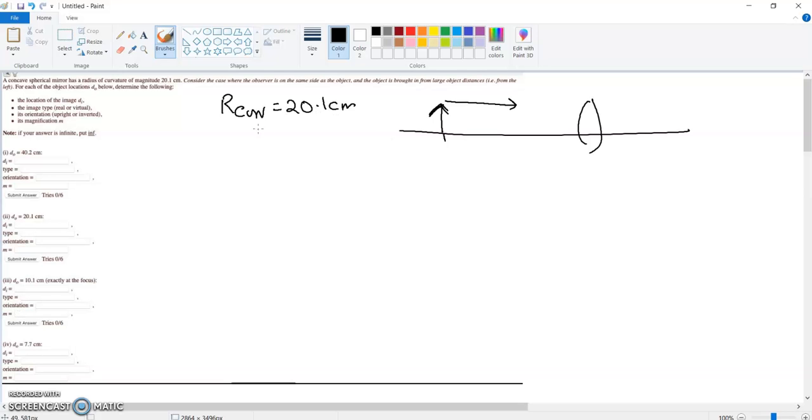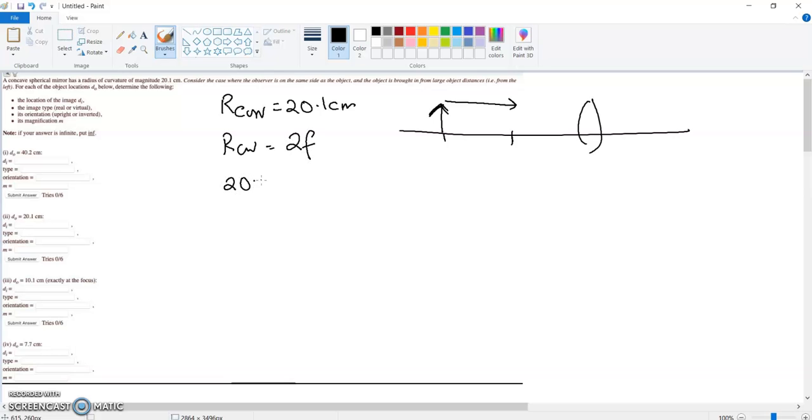So the first thing that you would need to know for these questions is you need to find your focal length, where it does exist, so that you understand where you are standing right now. The good thing is that they have given you the radius of curvature, and we know the formula for it. The radius of curvature is twice the focal length, 2f.